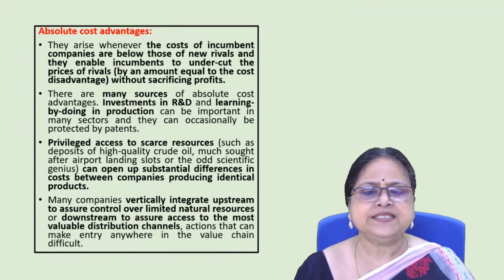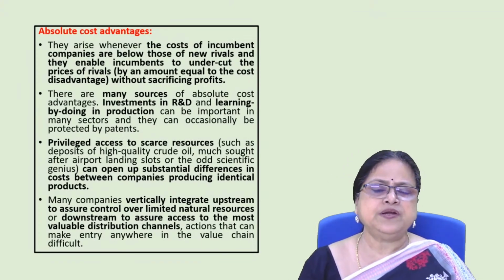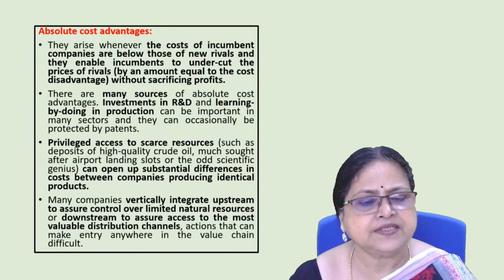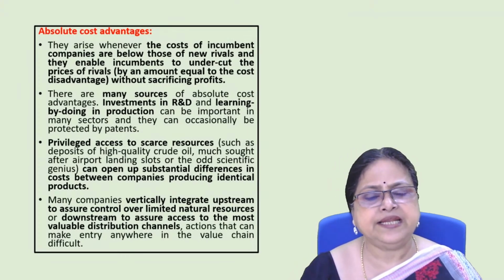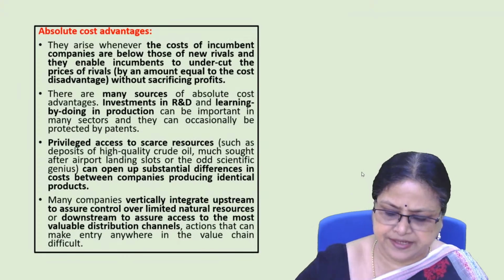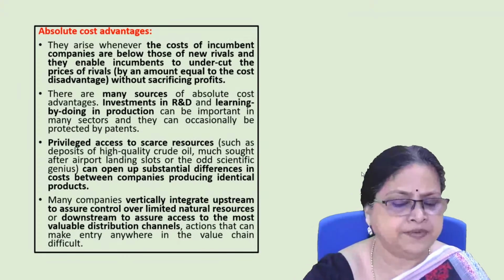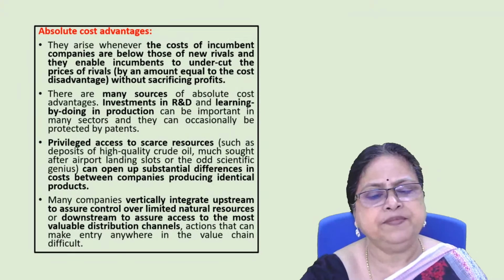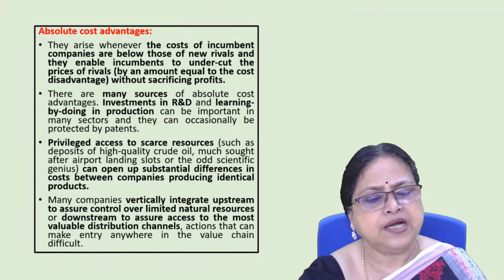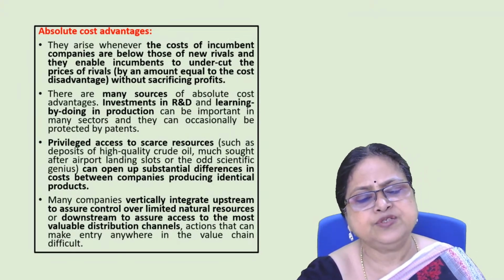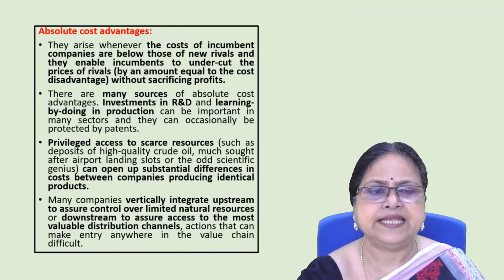It can open up substantial differences in costs between companies producing identical products. Similarly, many companies vertically integrate, upstream to assure control over limited natural resources, or downstream to assure access to the most valuable distribution channels.